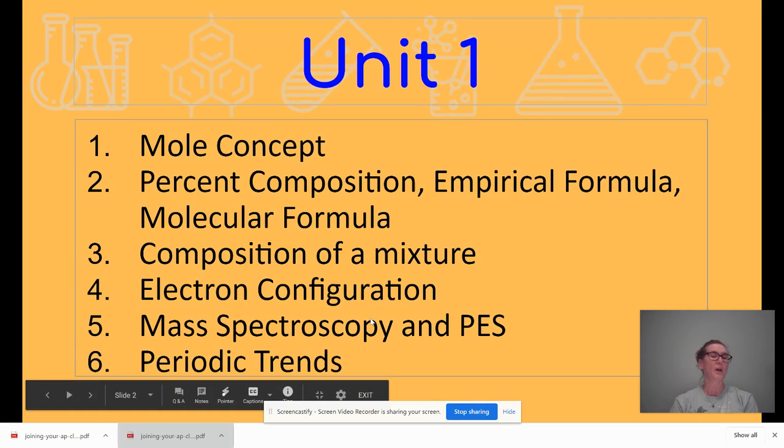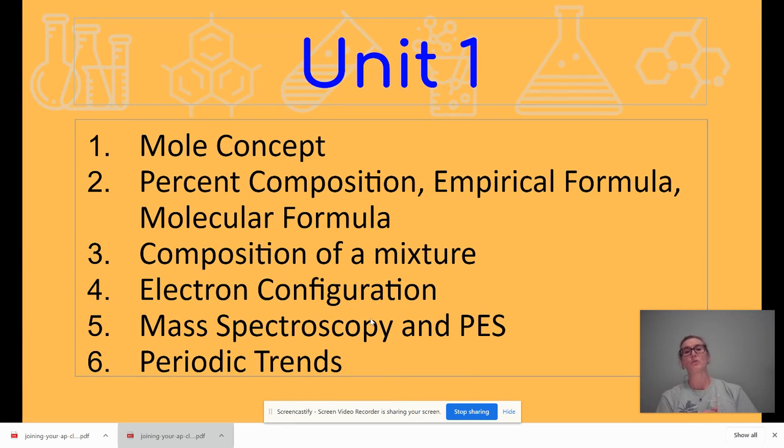All right, so the first unit, a lot of it is going to be review. There should be a lot of things in here that you should have done in pre-AP chemistry. So first off, we're going to talk about the mole concept, and then percent composition, empirical formula, molecular formula, composition of the mixture, electron configuration. All of that I feel confident that you probably did in pre-AP chemistry.